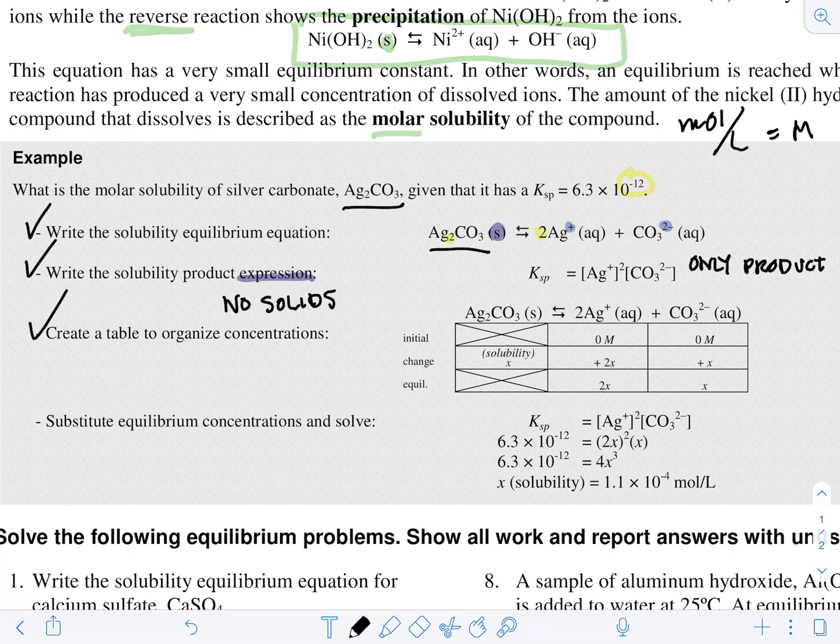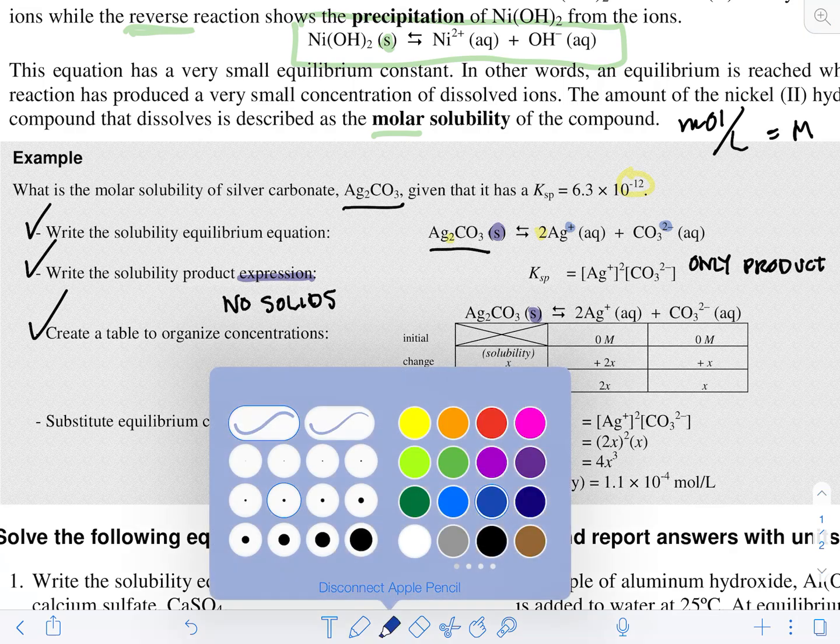Okay, so in order to figure out the concentration of the ions, we have to create an ICE table. Notice that because we have a solid, it has a big X on it. In this ICE table, they show the concentration of the product as being 0, because initially it is not dissolved. But with time, it will dissolve, and obviously it will be a very tiny number.